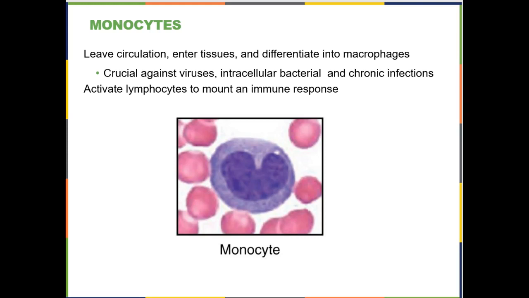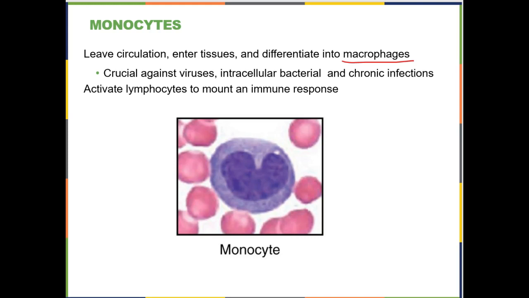Then you have monocytes. So these cells are especially good at diapedesis because it is their job to crawl out of the bloodstream into other tissues, where we then call them macrophages.